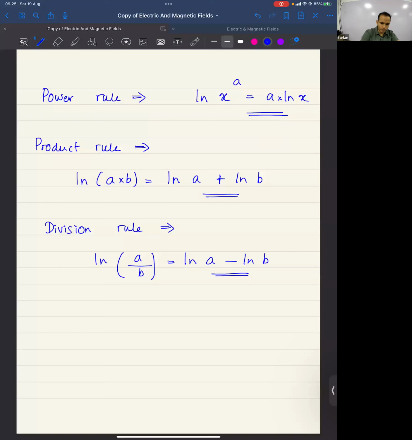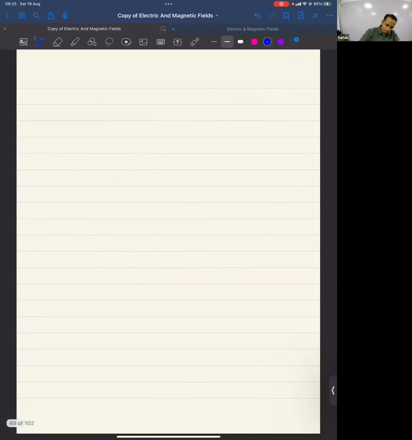Right. Guys, I'll do a few examples. Look at this. Let's say you have log x to the power 3. You can write it as 3 ln x. Let's say you have ln y to the power 5.